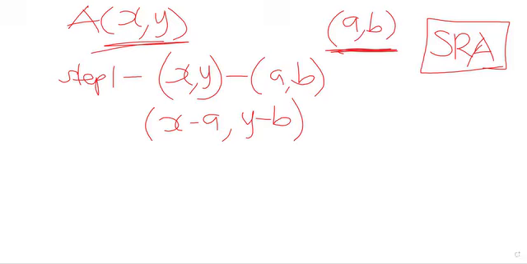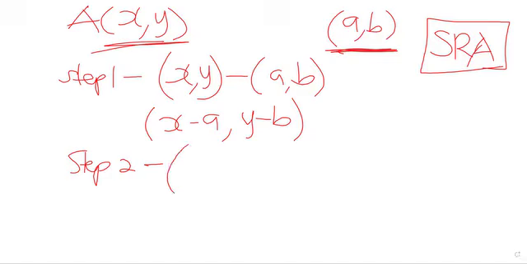After you have gotten this, step two, rotate the answer you got. So let's assume that we are rotating 90 degrees anti-clockwise. If you're rotating 90 anti-clockwise, you know 90 anti-clockwise is (negative y, x).